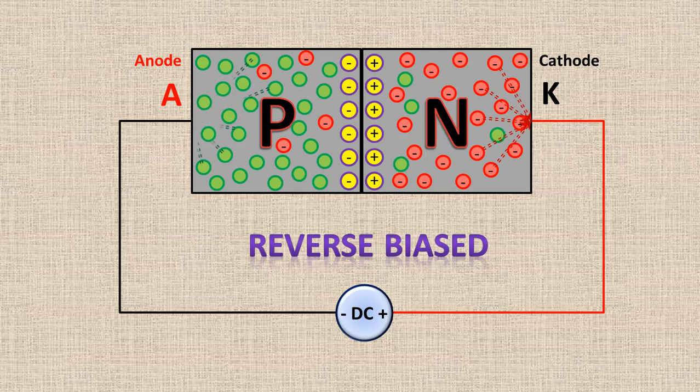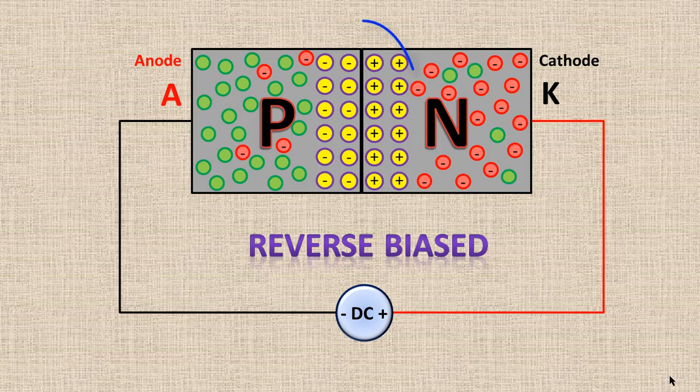Similarly, the negative terminal of the DC source pulls holes, the majority carriers in the P-type region, away from the junction. As electrons and holes move toward their respective terminals, additional positive and negative ions are created at the junction, causing the depletion region to widen and increase the barrier potential.